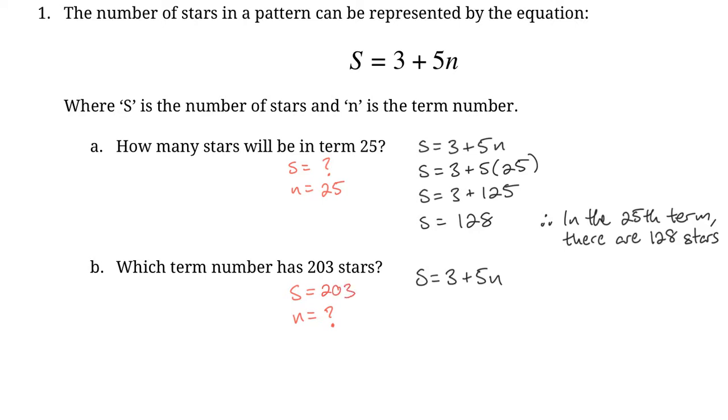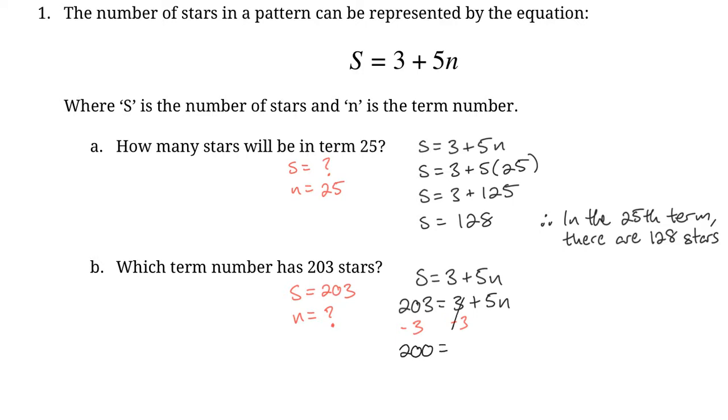So we can substitute S with 203 and keep the rest of the equation the exact same. So we have 203 equals 3 plus 5n. We cannot touch this 5n yet. Since 3 is being added, we got to subtract it.